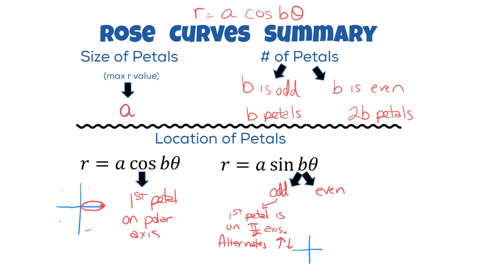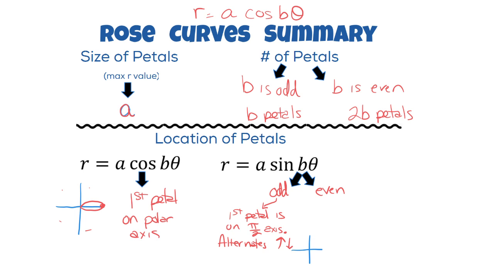So here we've got this. If your B value is a 1, then your first petal is up. If your B value is 3, because remember we're doing odds, then your first petal is down. If you have a B value of 5, it's up. 7, the first petal's down. 9, it's up.